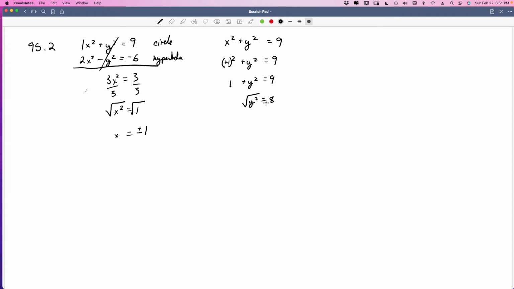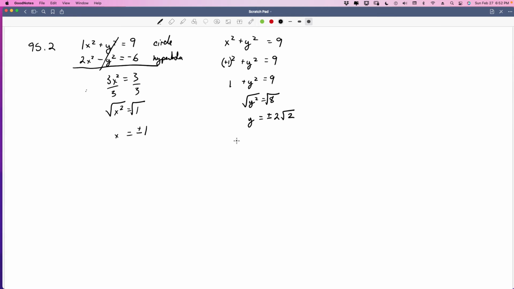When we square or unsquare both sides, we find that y is going to be equal to plus or minus 2 times the square root of 2. Because we could say 4 times 2 is 8. We know the factors of 4 are 2 times 2. So we could pull a 2 out and have a 2 remaining because we have 3 factors of 2 and we only need 2 of them.